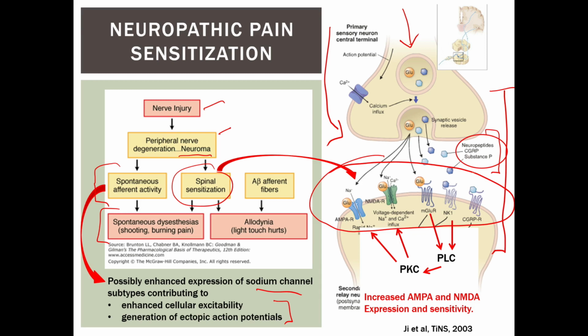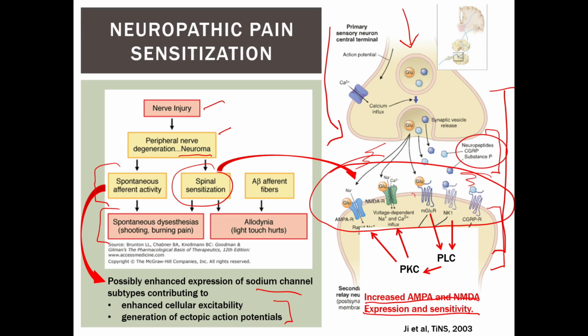So CGRP, substance P, glutamate, all being released in the synapse in the spinal cord, leads to chemical and biochemical changes on the postsynaptic neuron in the spinal cord, and there can be increased levels of AMPA and NMDA receptors, and this increased expression leads to increased sensitivity.